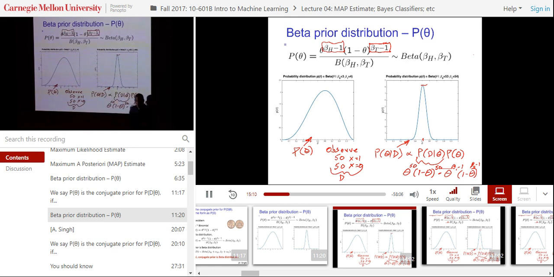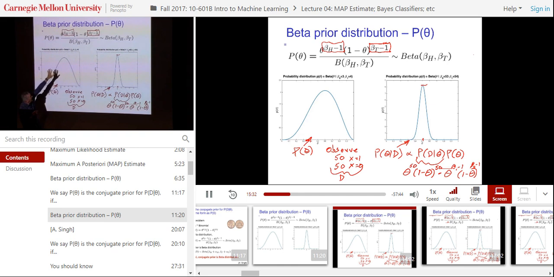I want to say one more thing, then I'll come to you. The one thing I want to say is, whenever we have this situation, namely, we have some random variable and some parameters we want to estimate, one or more, if we choose a prior that has the property that the posterior will also be from the same family of distributions as the prior, as it is here, the posterior is a beta distribution just as the prior is, then we call that the conjugate.